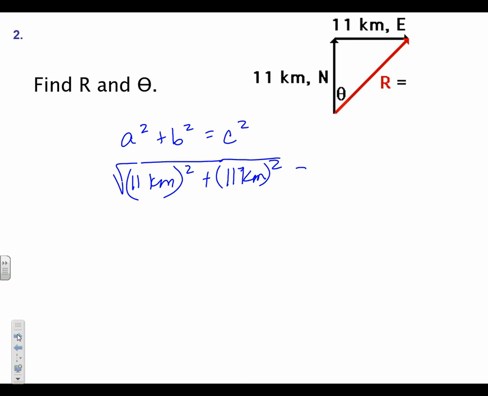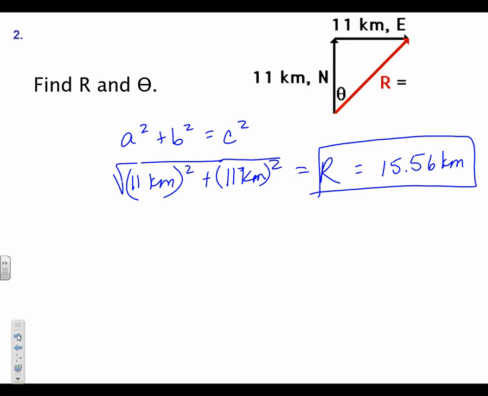Taking the square root of 11 squared plus 11 squared would tell me that c's value was 15.56 kilometers.